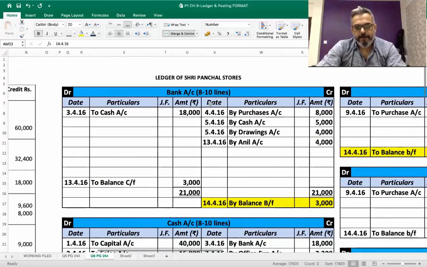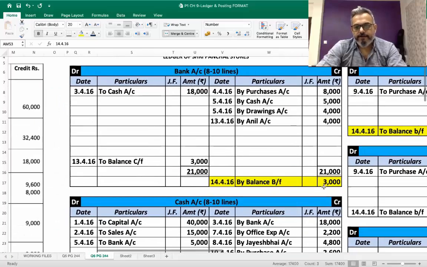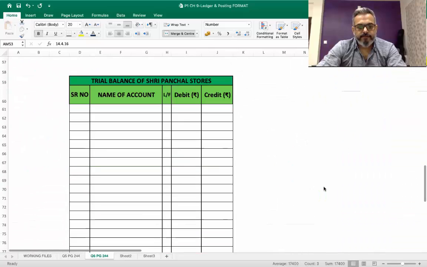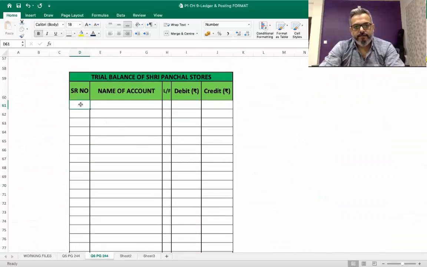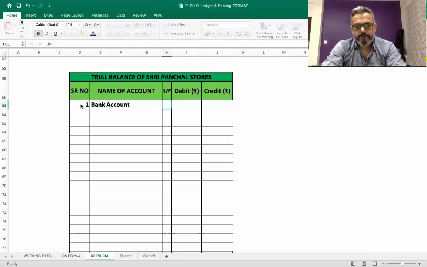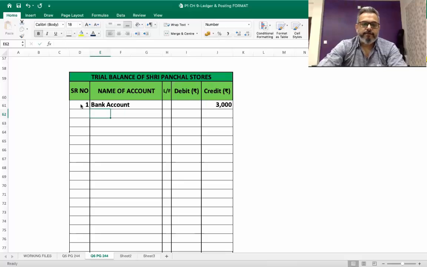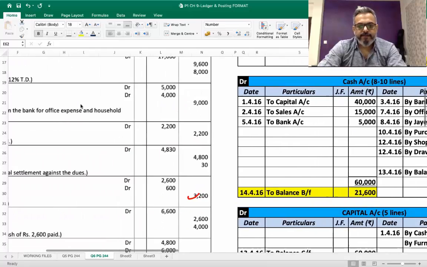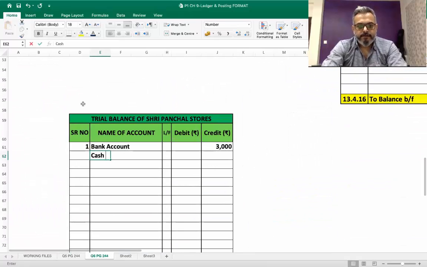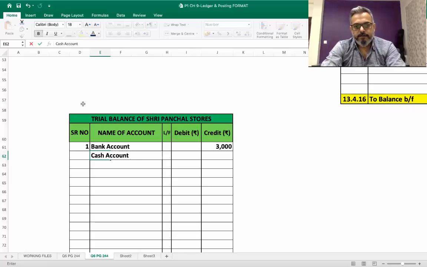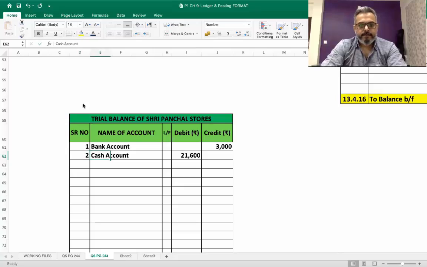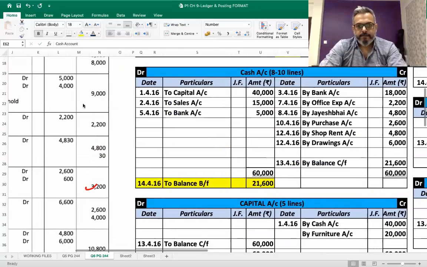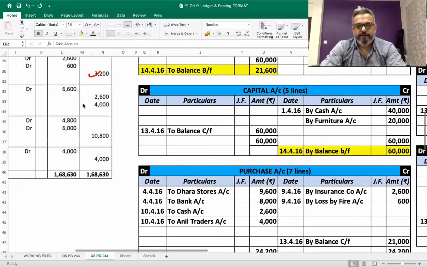Let's see the first account, bank. Bank account has a credit balance of 3,000. So serial number 1, bank account, credit balance 3,000. Then cash account, debit balance 21,600.